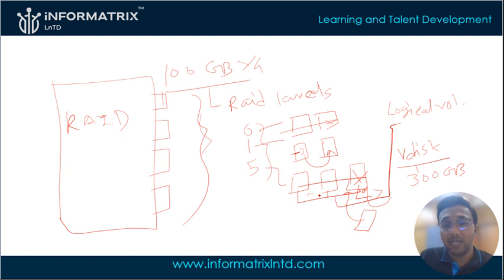This way data is always traveling between multiple disks, and it is safe. When you create this RAID partition, you get a virtual disk of size, for example, 300 GB, and this virtual disk is visible at the OS level.